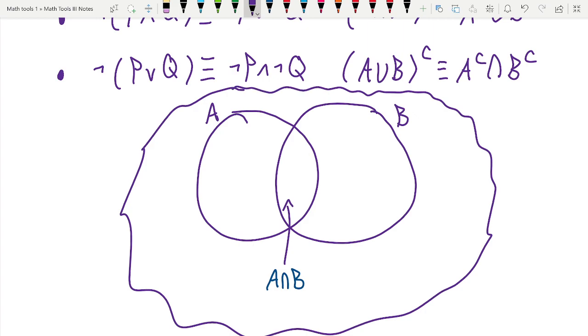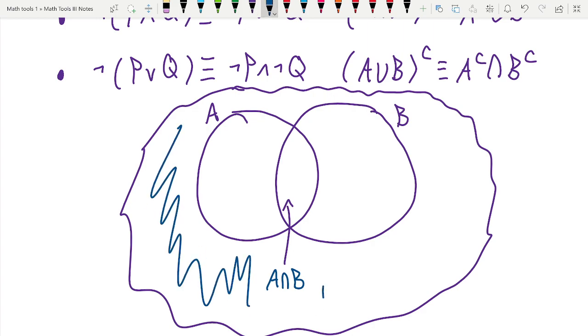Okay. So A union B would be anything inside of either of the circles, right? So the complement of that would be the outer part, whatever bigger set that these two are in. And if there isn't one, then it would just be nothing, right?